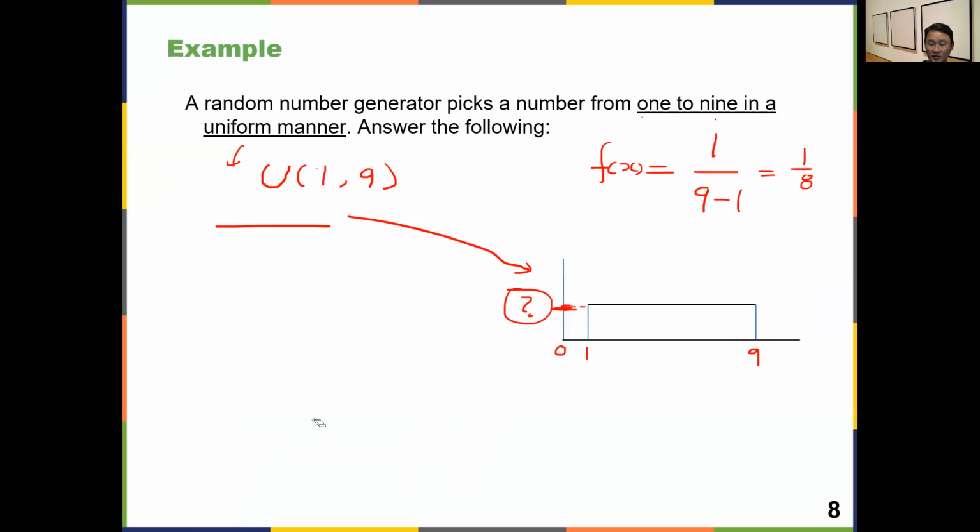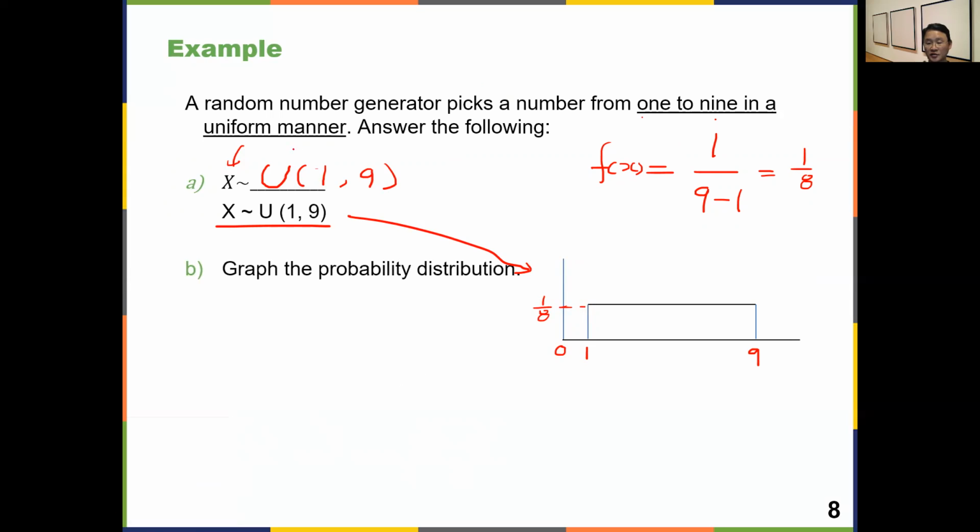So that number right here is going to be 1 over 8, just like that, right? So, I mean, that's basically the second question, right? Graph this situation, 1 through 9, and 1 over 8 is right there, right?